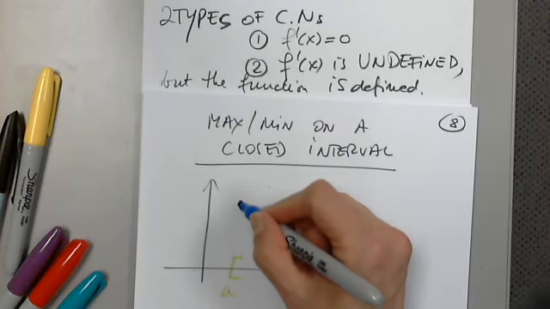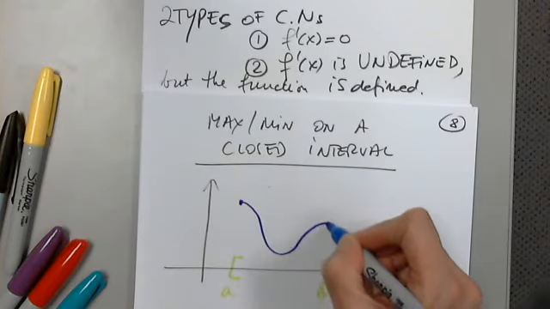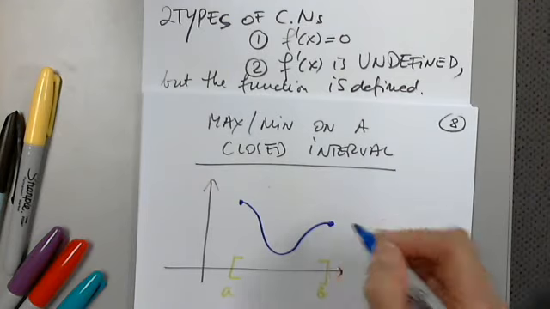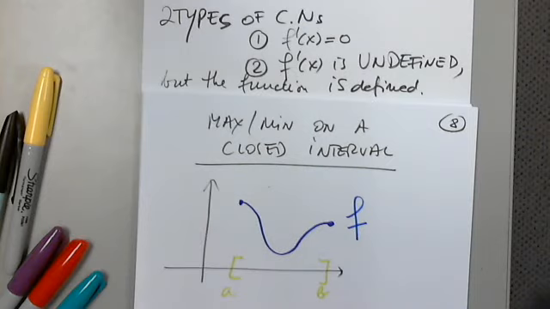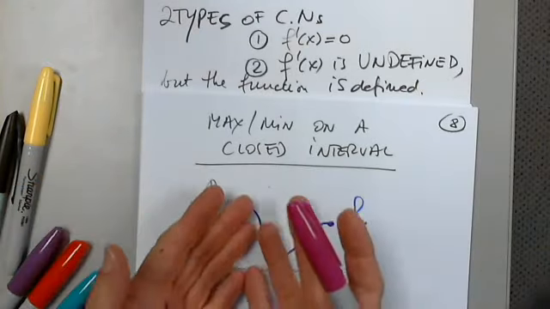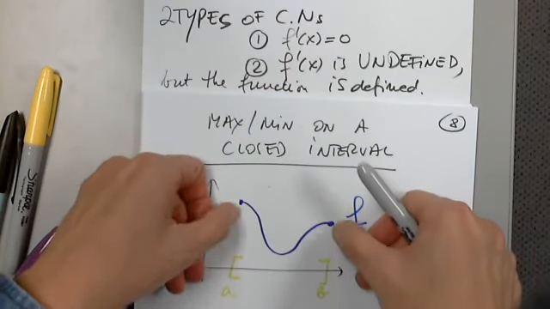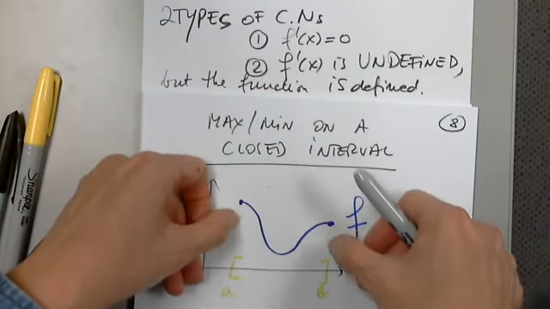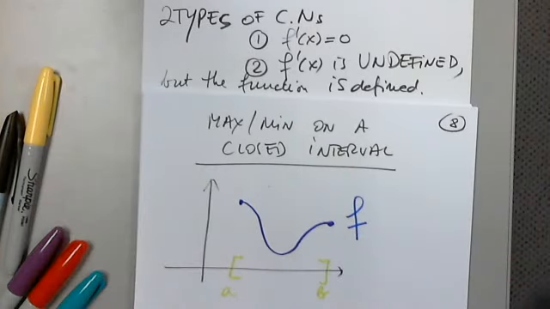Let's say this. This function f. In order to determine the max min on a closed interval, I have to analyze the function and also study the values of the function at the endpoints of the interval. And I'll explain how we analyze the function.